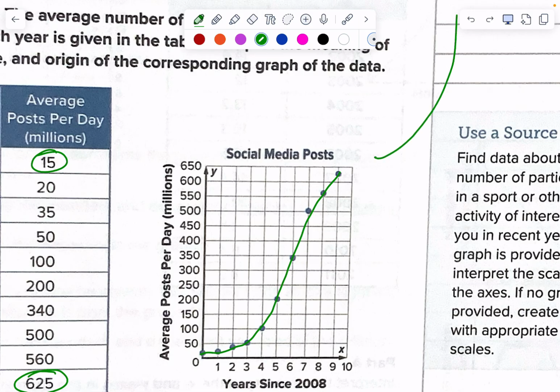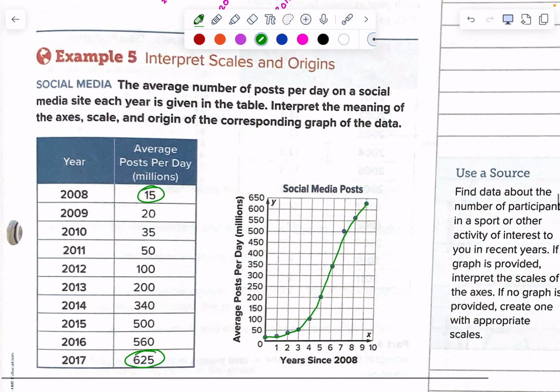It starts with an E. Exponential. It increases exponentially, which means it's going really fast, right? That's kind of an exponential graph.